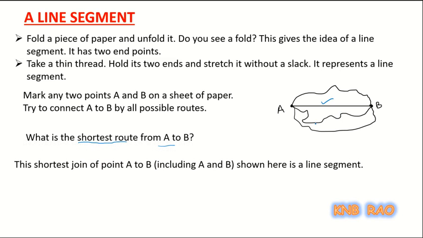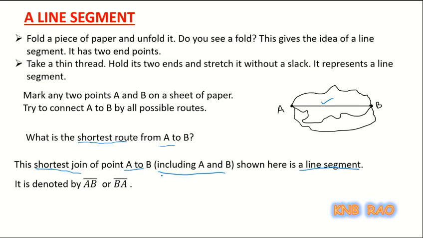This shortest join of point A to B, including those points A and B, is a line segment. It is denoted as AB, with a straight line drawn on top of the letters, or it can be called BA. What are this A and B?